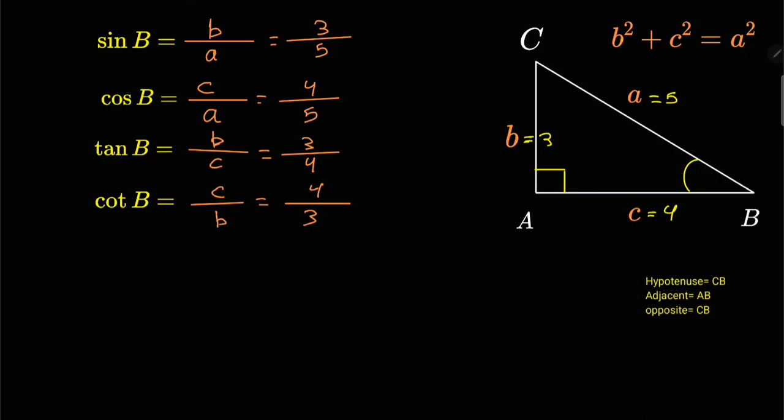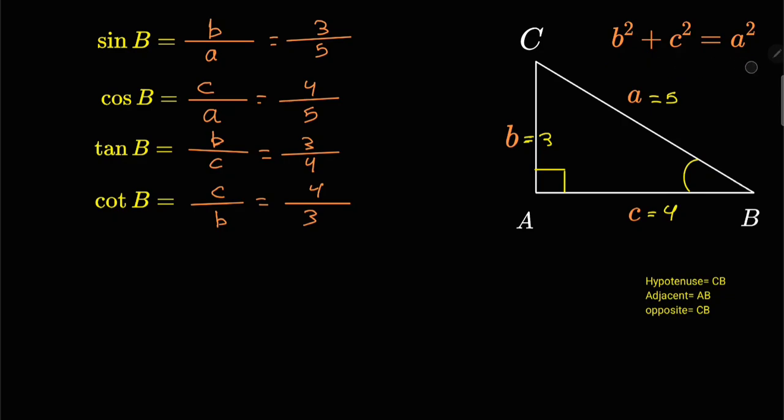For the numbers that we gave to the lengths of the right triangle, if we substitute them in the Pythagoras theorem, we can say b squared is 9, c squared is 16, and this must equal a squared, which is 25. In this case, the Pythagoras theorem is satisfied, which means we have a right triangle here.